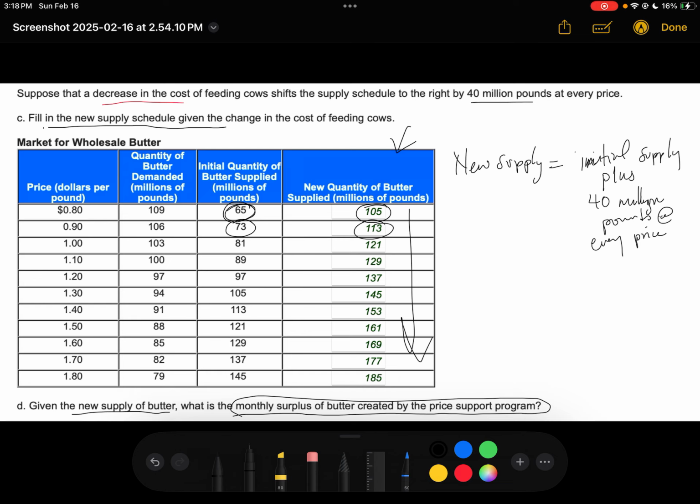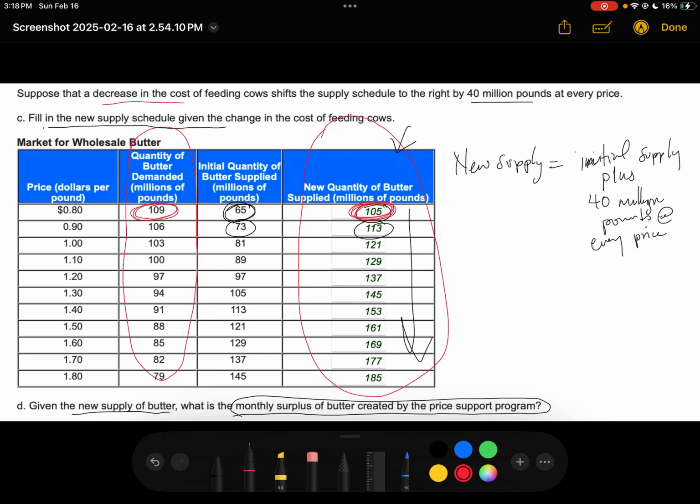Your focus is right here, this new supply and this initial demand. You're going to see where quantity supplied on the new supply column is equal to quantity demanded on the initial demand column. Now it's right here.